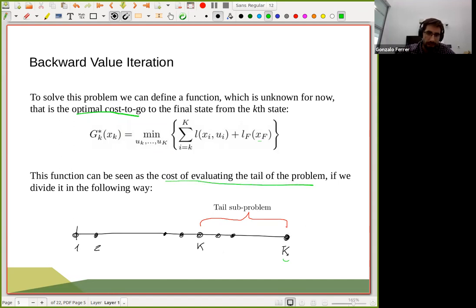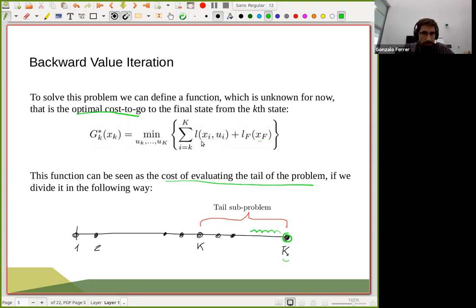Starting from the last position, that's why we are saying this is backward value iteration. We go backward k states, right? And this is going to be giving the cost of trajectories of length, in this case, small k.